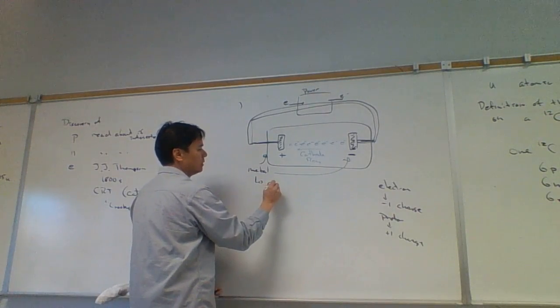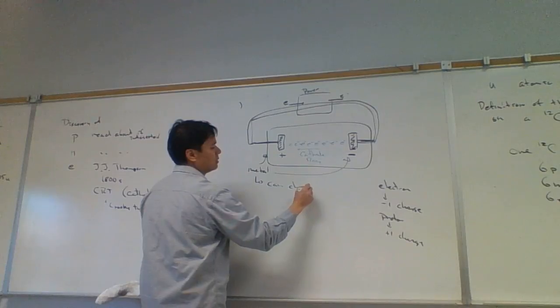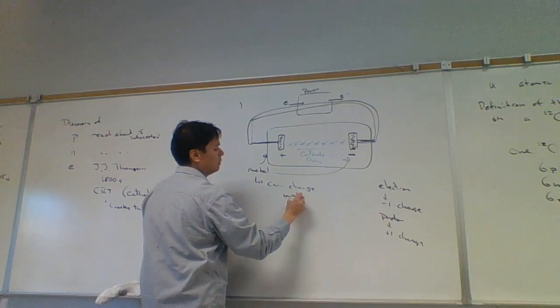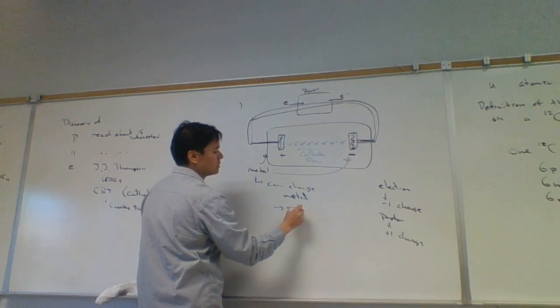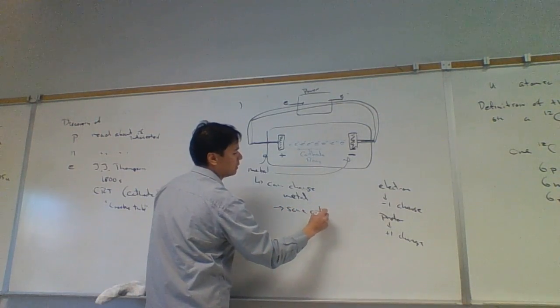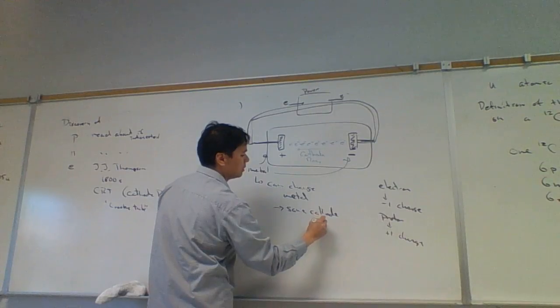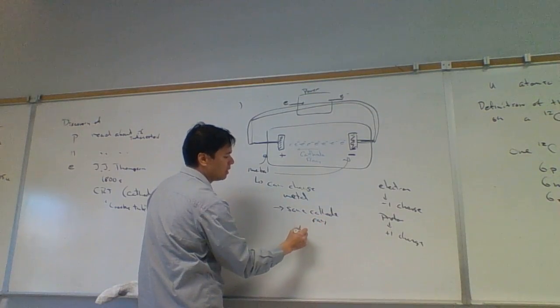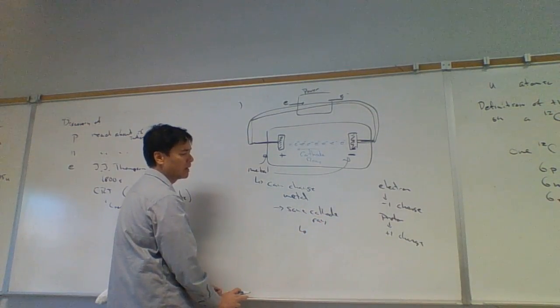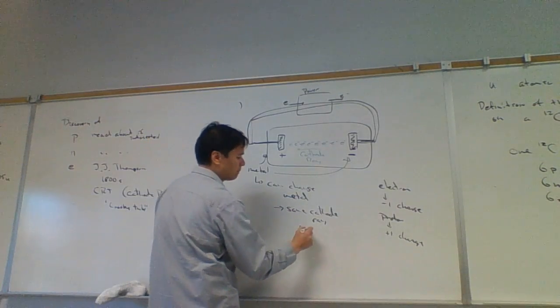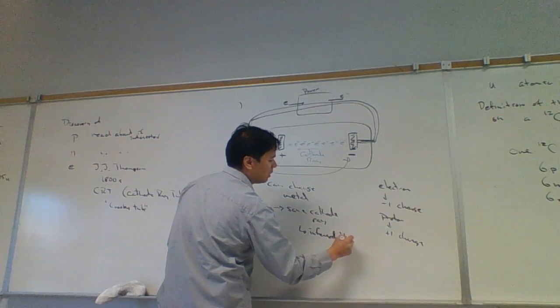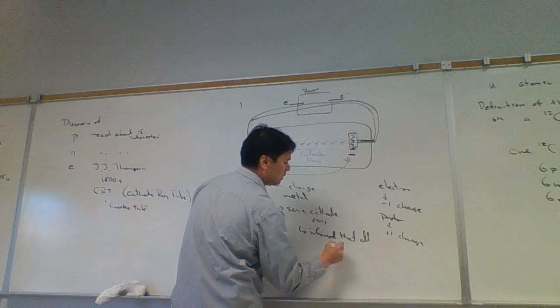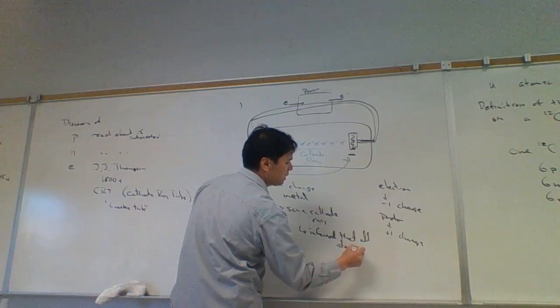We can change the metal, but what we end up with is the same cathode rays. So what they inferred from this is that all atoms contain electrons. It doesn't matter what the atom is.